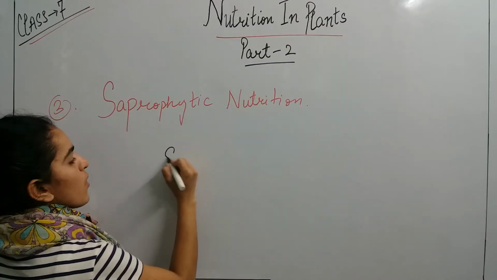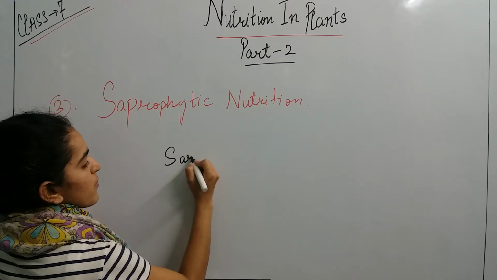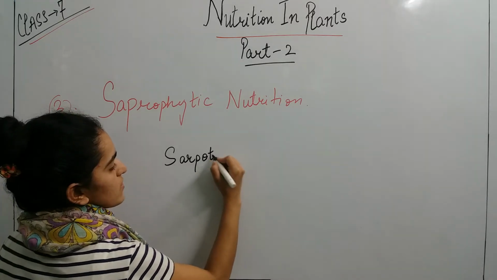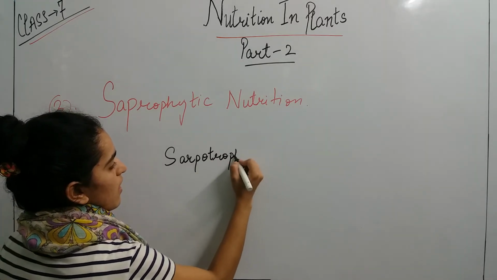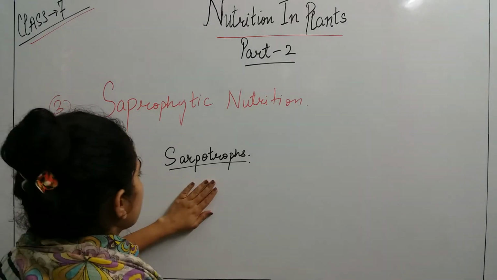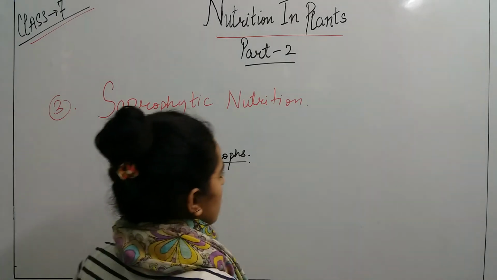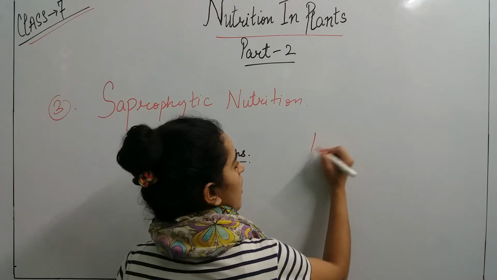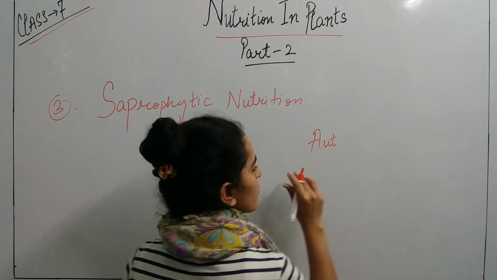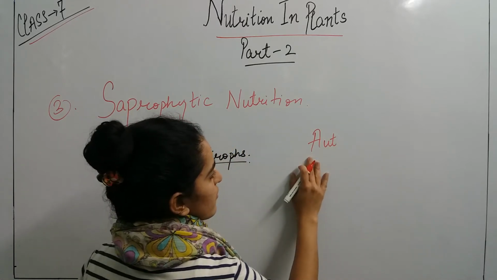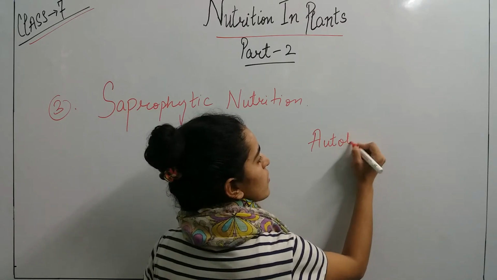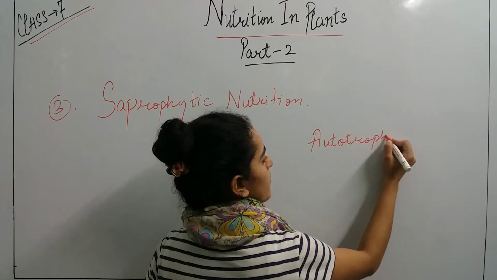Now what is the word saprotrophs? What do we mean by saprotrophs? It's very easy. The organisms which perform autotrophic nutrition are called autotrophs.